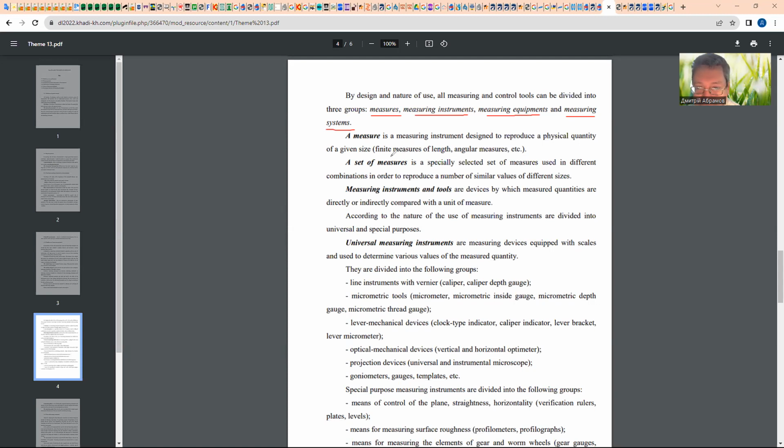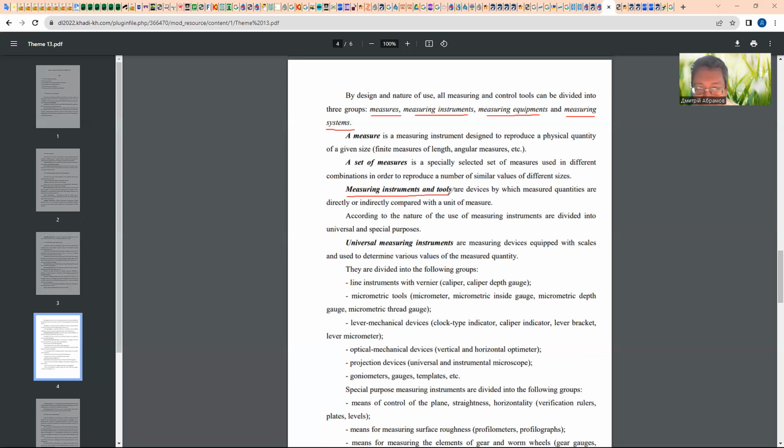Examples are gauge blocks of length, angular measures, etc. A set of measures is a specially selected set of measures used in different combinations in order to reproduce a number of similar values of different sizes. Measuring instruments and tools are devices by which measured quantities are directly or indirectly compared with a unit of measure.